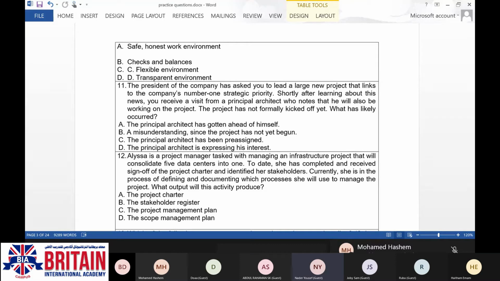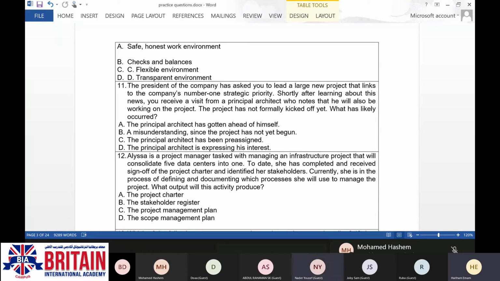The principal architect has been pre-assigned. The principal architect is expressing his interest. Could you read the question again? First of all, read the question again.